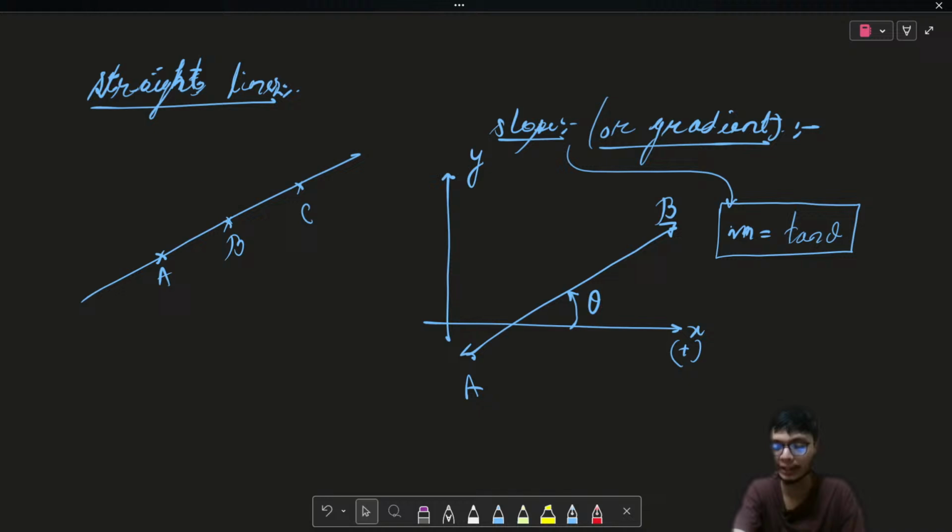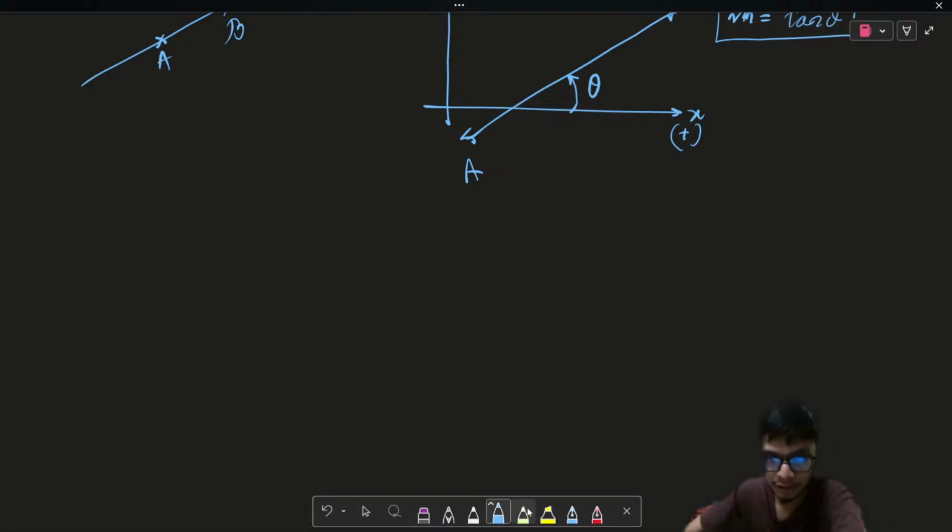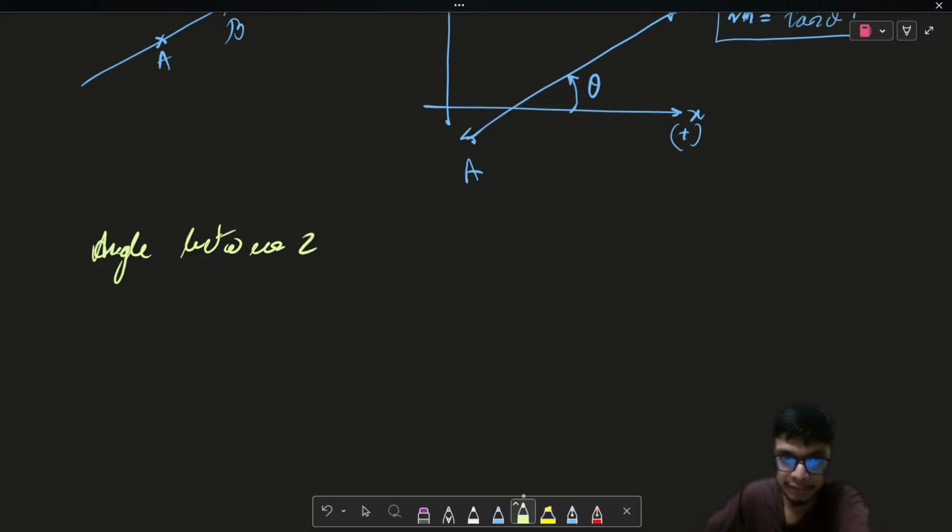Now, by using this particular concept of the slope of two lines, we can also get an idea of what is the angle between two lines, right? So let us see how we formulate that particular problem in order to find out the angle between two lines.